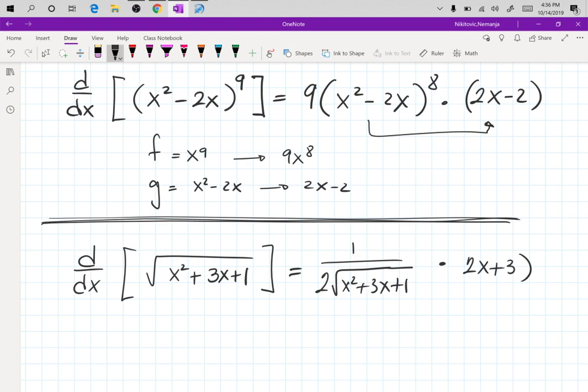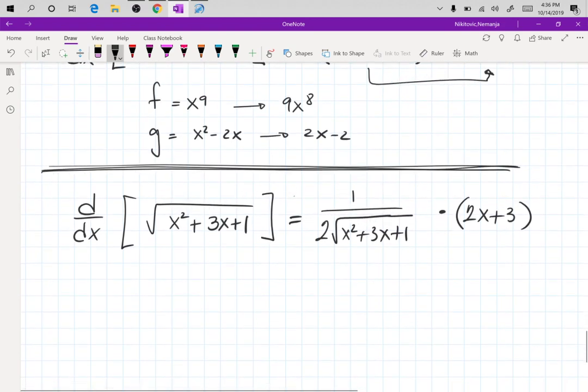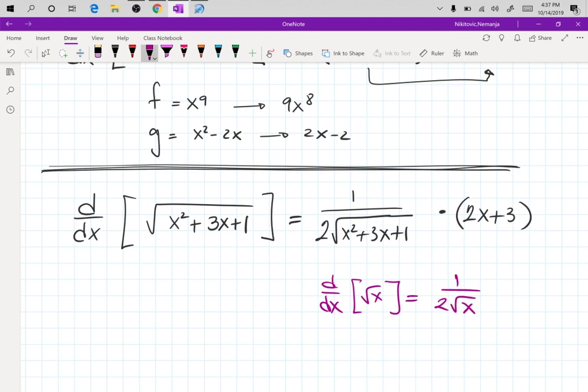Excellent. Wait, was it square root? I didn't have a square root underneath there. Well, we learned before that the derivative of square root of x is 1/(2 root x). So we are using the same mold, except now you don't have x, you have this mess. So you are following by the derivative of the mess. Okay.